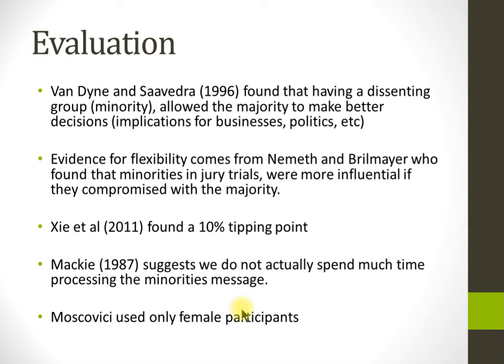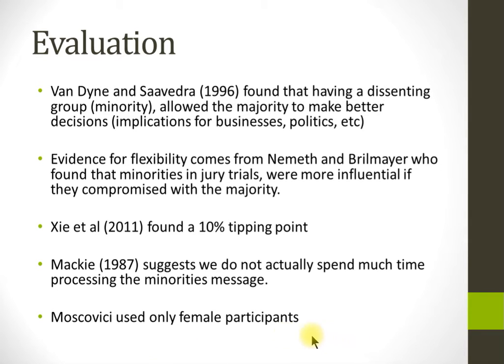Moscovici, as a study, was a lab experiment with an artificial task, so it lacks ecological validity, but it also suffered from sample bias. Unlike many of the most famous studies in social influence that used only men, Moscovici used only women, and that presents exactly the same problem.